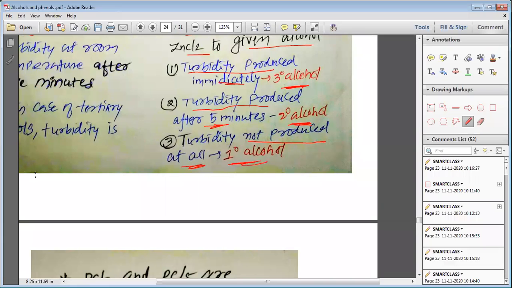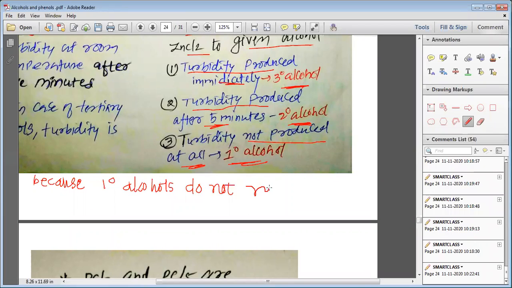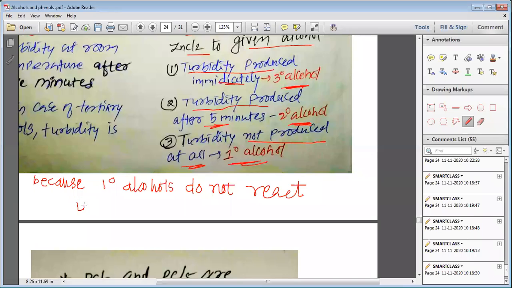Then we can say something further. Why is turbidity not produced in the case of primary alcohol? Because primary alcohols do not react, my dear students, at all with the Lucas reagent.